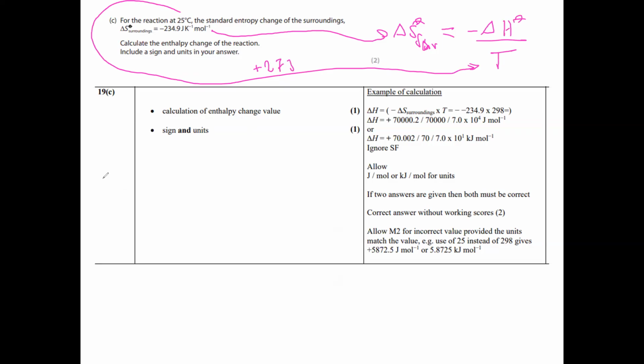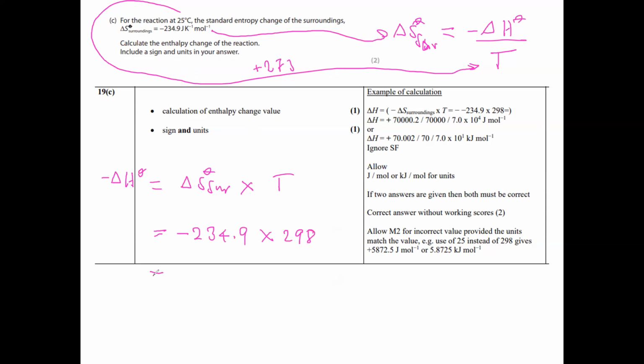So minus delta H equals, simply take the entropy value delta S surrounding multiplied by absolute temperature. Delta S surrounding is minus 234.9 multiplied by 298.